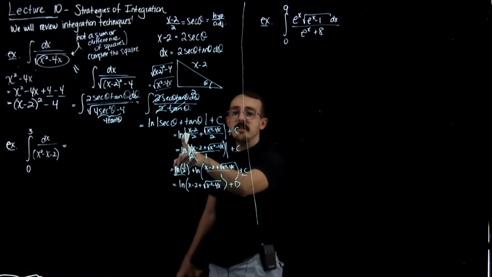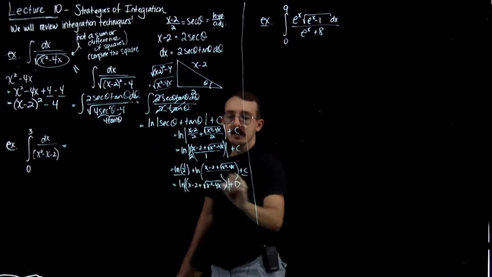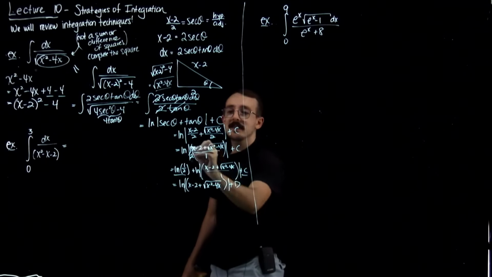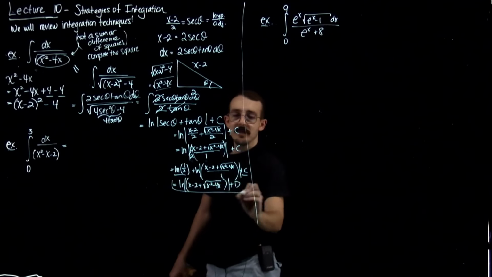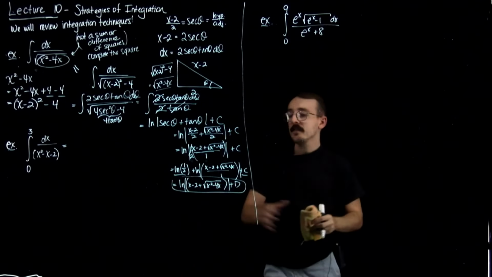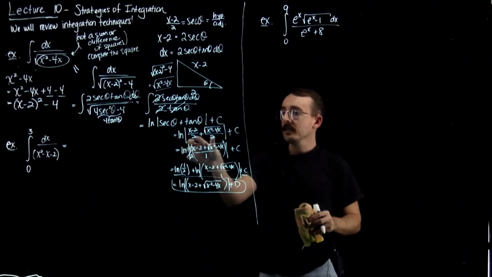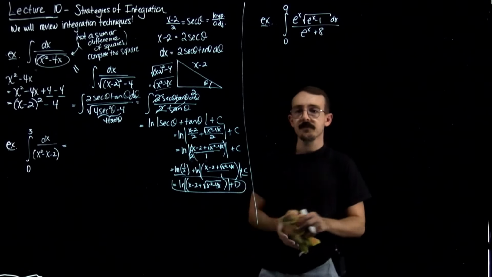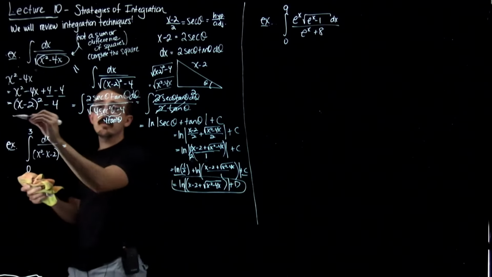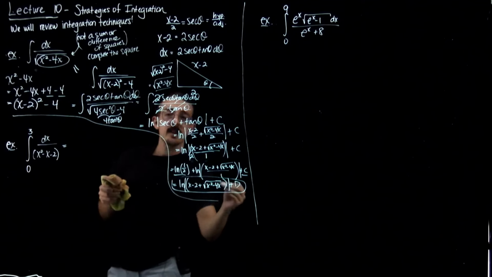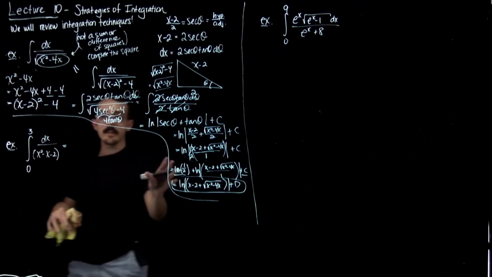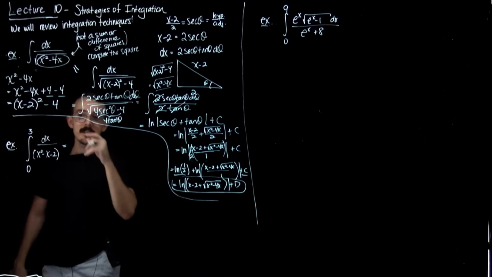And what I noticed is I have these absolute value bars. I better keep these, because I need to make sure the thing in the log is strictly positive. So this will be my final answer, where I've taken this constant part out, and I rewrote it as another constant d. It's just a small, really technical thing that you could see, and it could come up, and it could confuse you. So I just wanted to clear that up now, that you could see it written like that.